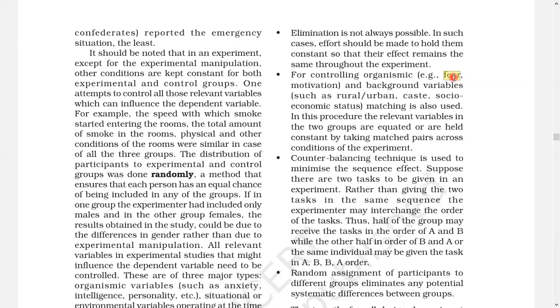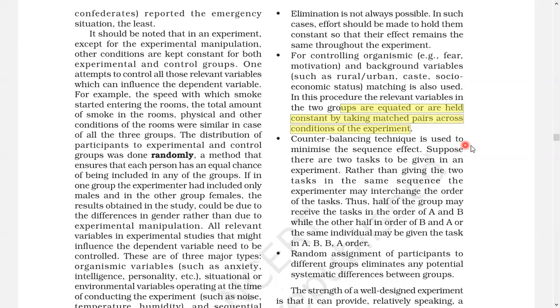Similarly, you can control age factors, such as people of similar age group, 8th standard or 6th standard, by equating them or holding them constant by taking matched pairs across the conditions.